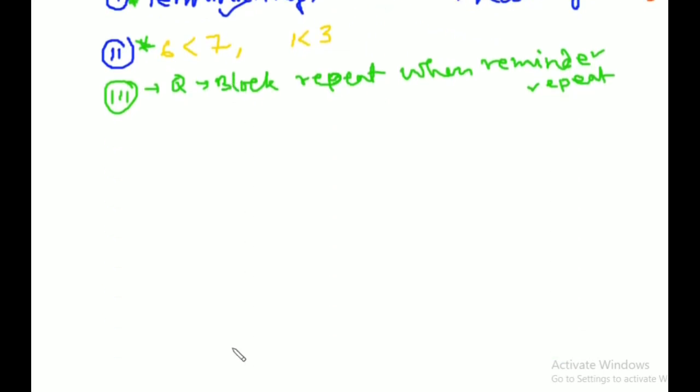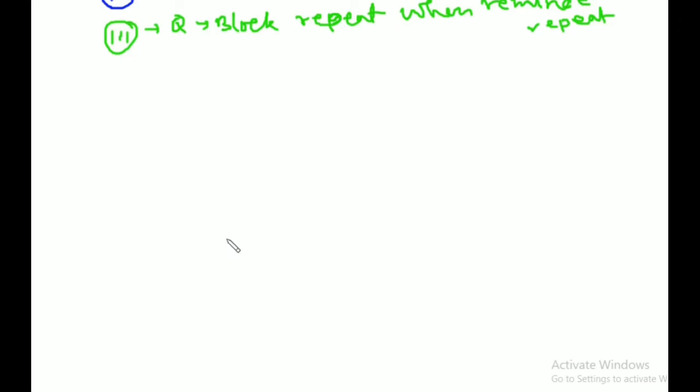Now, based on these observations, we are going to conclude two things.